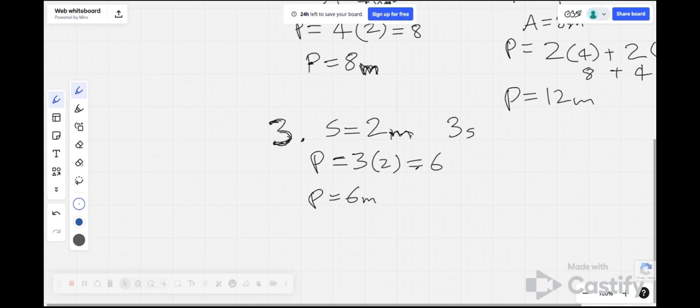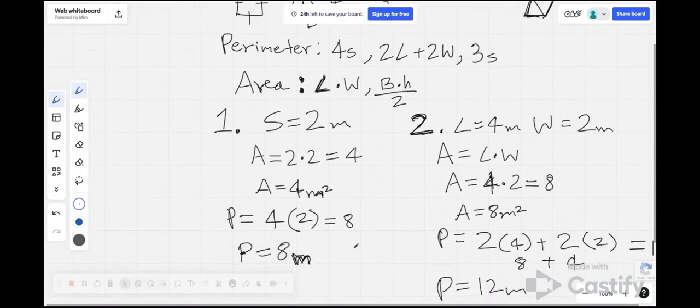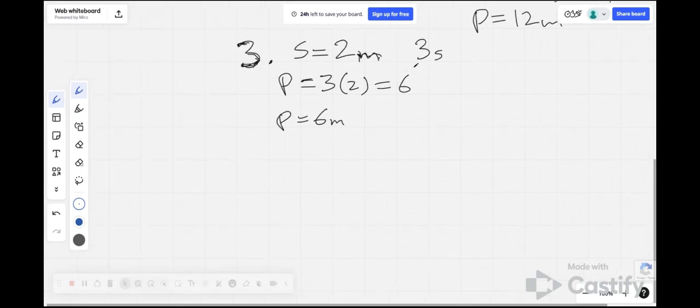Now, as for the area, we can see our formula is base times height divided by 2. But the problem is we don't know our height. There are ways to calculate the height without knowing it, but let's say the height is equal, the same.